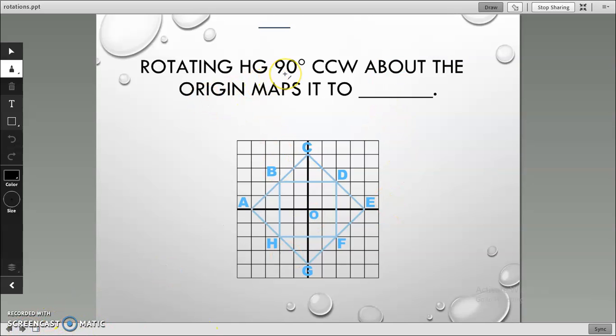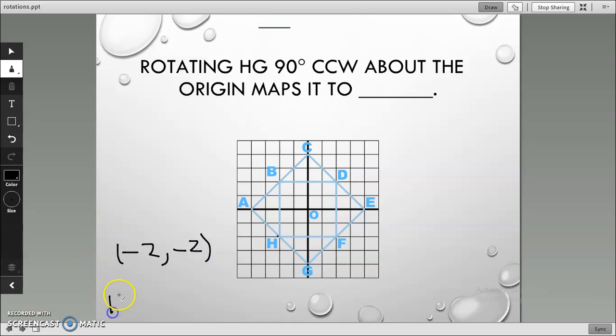All right, rotating HG 90 degrees counterclockwise about the origin. So HG is from here to here, and H is at, let's see, 1, 2, so (-2, -2).